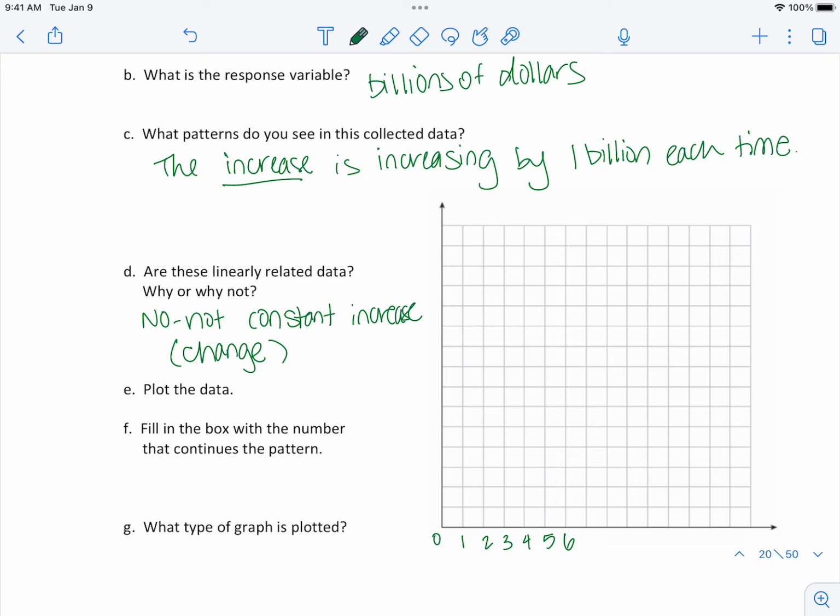And then our y-axis, the billions of dollars, we're going to start counting up from 0 also. I'm going to add some labels for us. Our x-axis, again, is our years since 1970. Our y-axis is the billions of dollars.